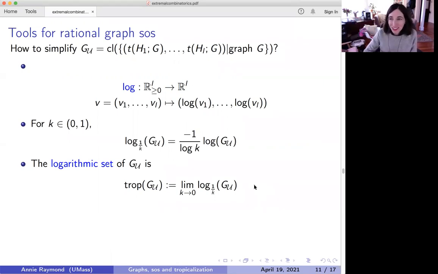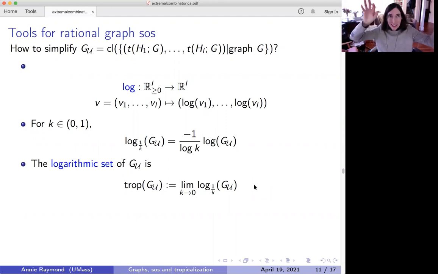If you've never done any tropical stuff, this might sound very weird. The idea is that you go from your normal polynomial ring with addition and multiplication, and you move over to another ring where you take the maximum and you add instead.